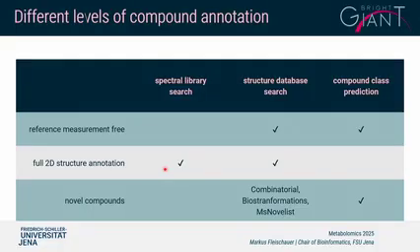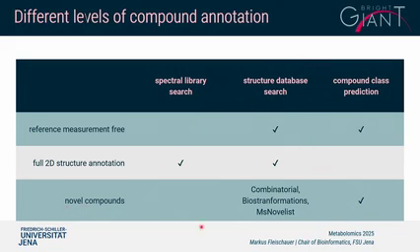Yeah, maybe as a wrap up, we have the possibility to show you your library hits, which gives you the full 2D annotation for the structure, but does not allow you to see novels, right? So that we get results also for unknowns, we basically can do structured database search.